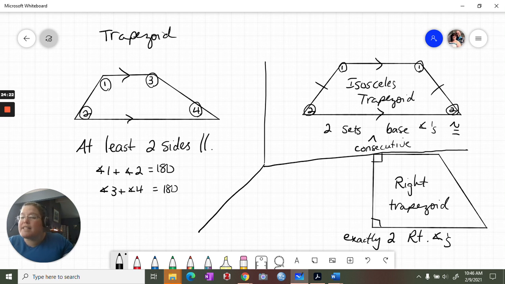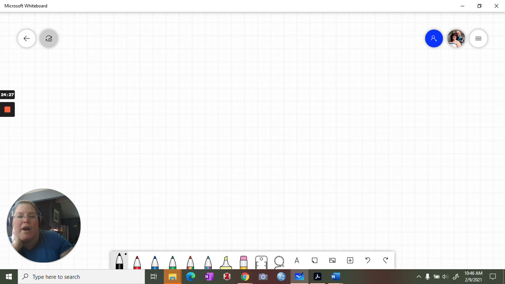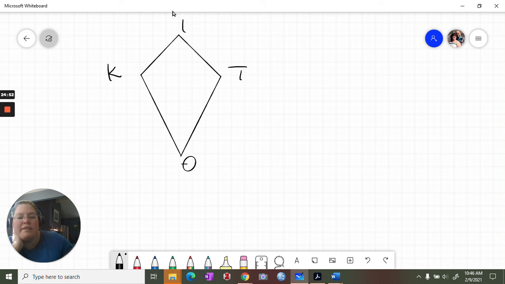Okay, last shape, and then I will stop, is the kite. Our kite, all right, something like this. It's actually a terrible kite. All right. So here, what I'm going to do is divide my kite according to the diagonals.